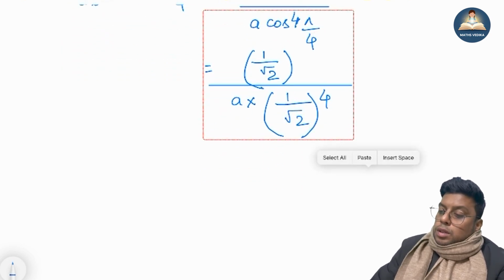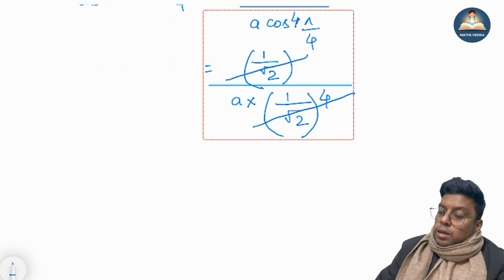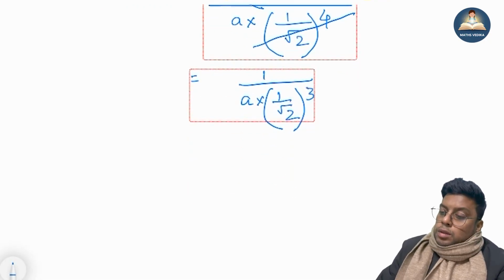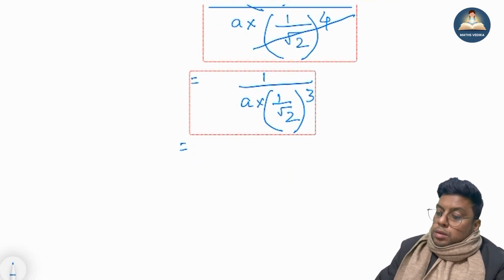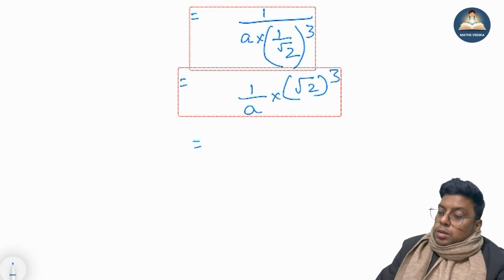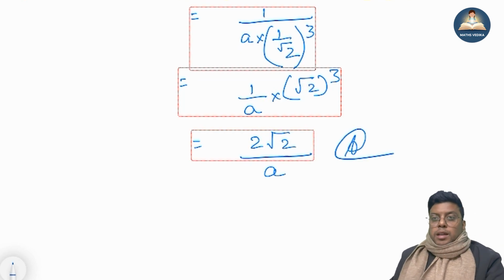So this will be cancelled out and we're left with a into (1 by root 2) cube. So 1 by a root 2 cube, which is equal to 2 root 2 by a. So this is the final answer.